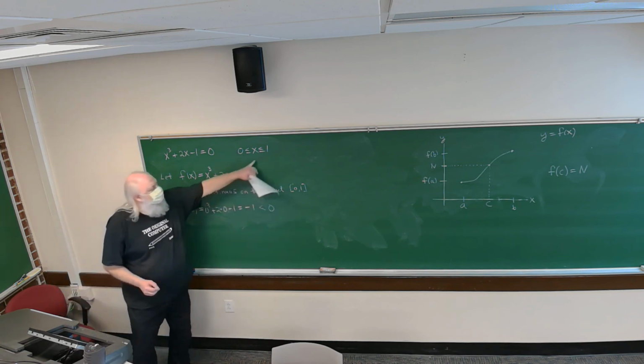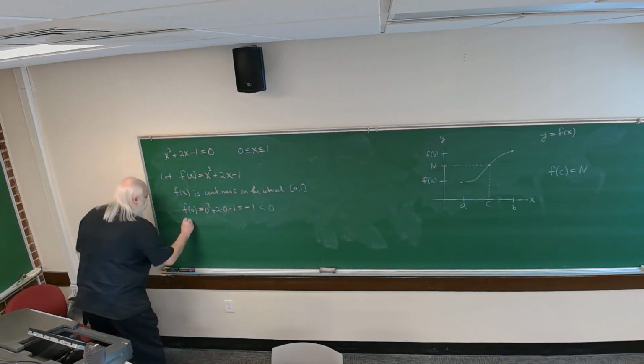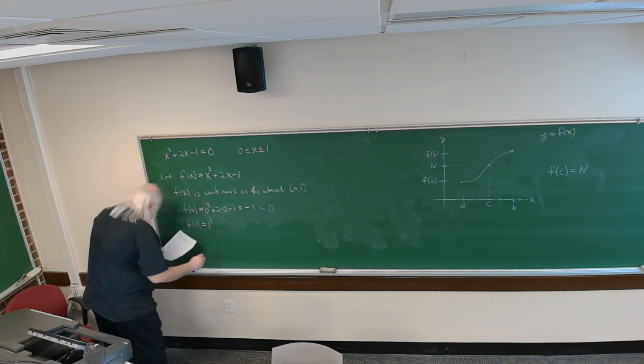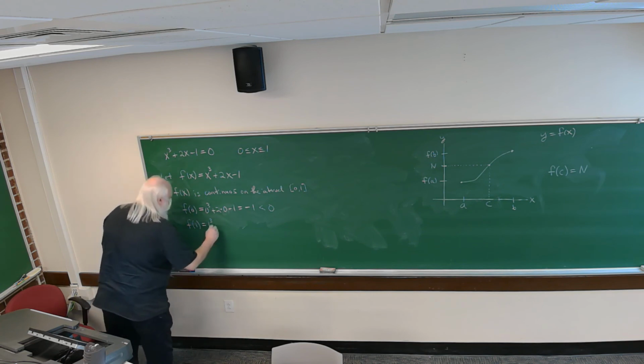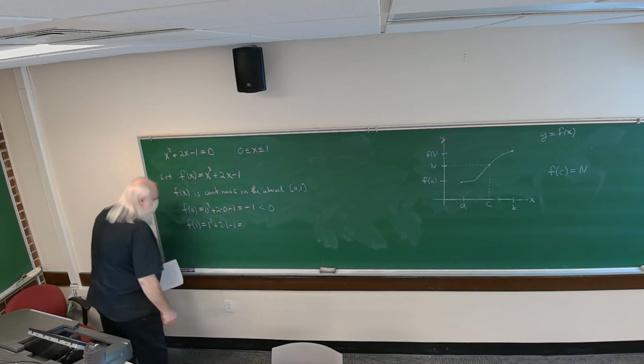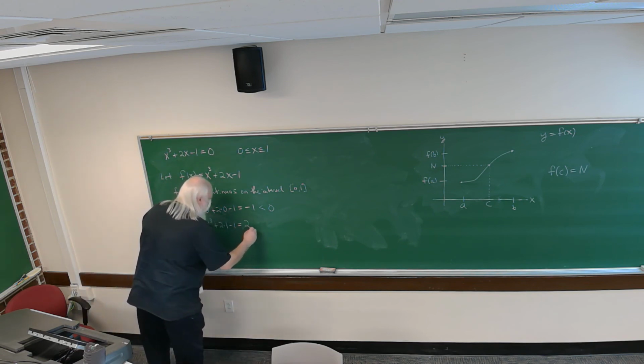What about on the right end of the interval at x equals 1? f of 1 is equal to 1 cubed plus 2 times 1 minus 1, which is equal to 2. And 2 is greater than 0.